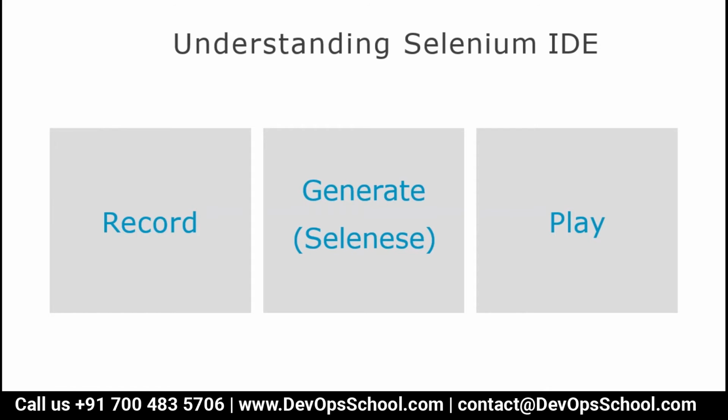So basically with a little programming you can do the automation. Are you understanding what I'm trying to say, guys, all of you? Yeah. So this is the advantage of IDE.